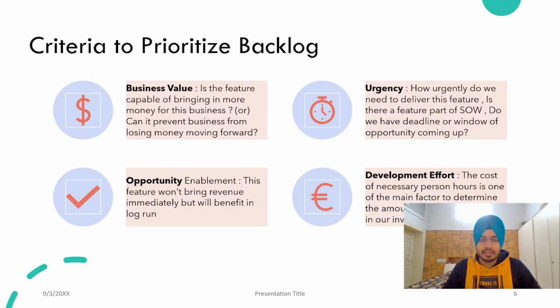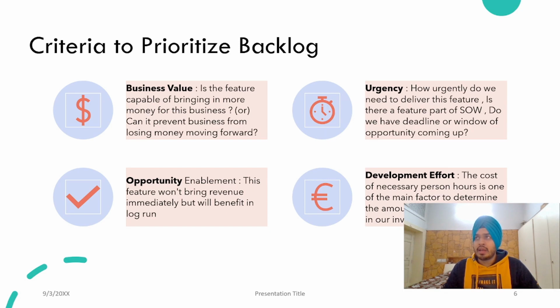Let's see these criteria. First is business value. Business value means that if we put a particular feature in our application, whether it is a mobile or web application, whether it will bring more money into the business or not.